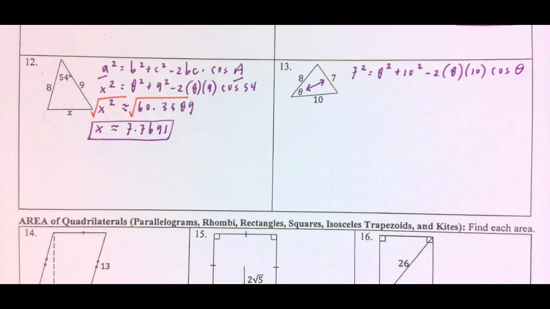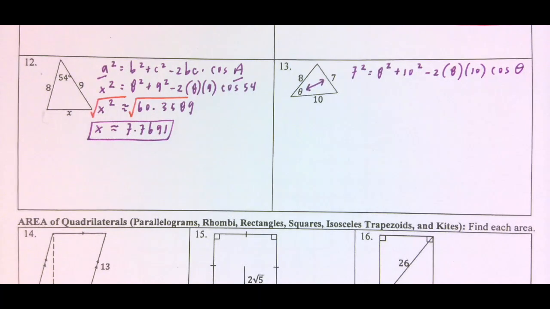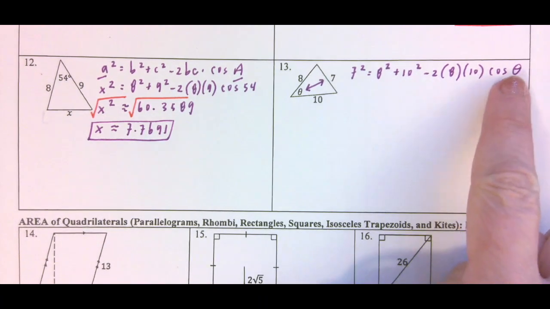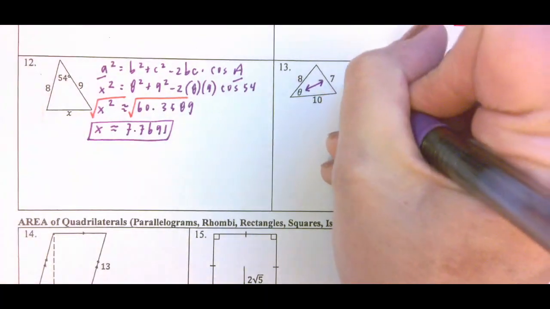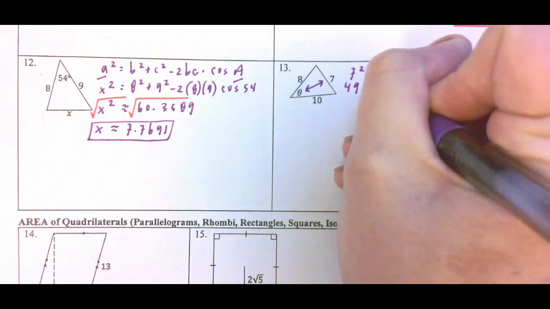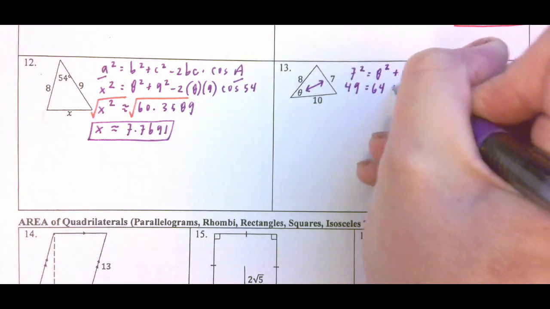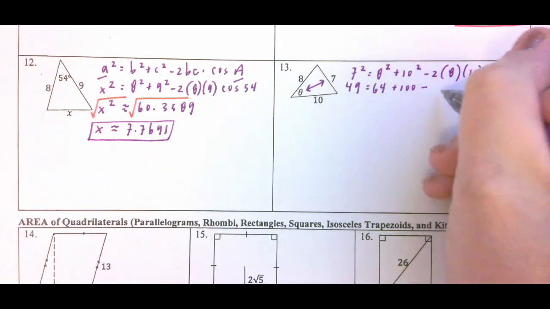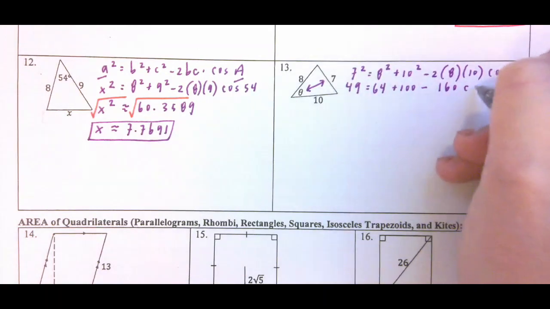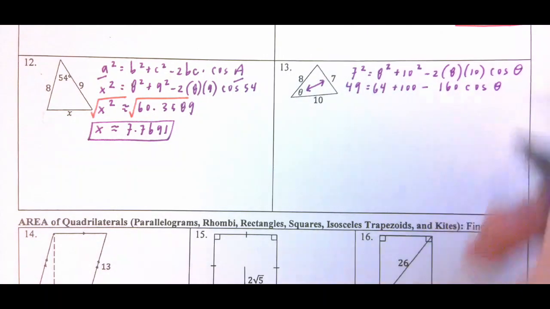Now for this one, I have to be really careful with my order of operations. I need that cosine part right here all by itself. So let me clean this up. I have 49 equals 64 plus 100, okay, minus 160 times cosine theta.